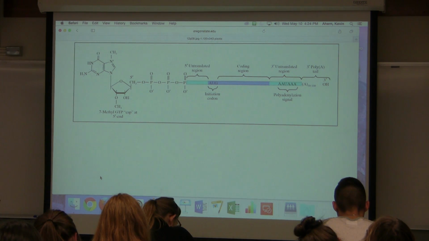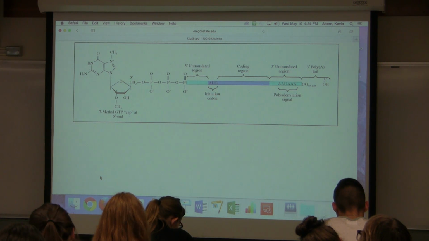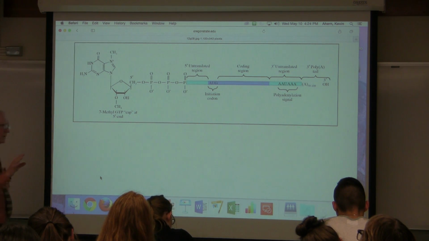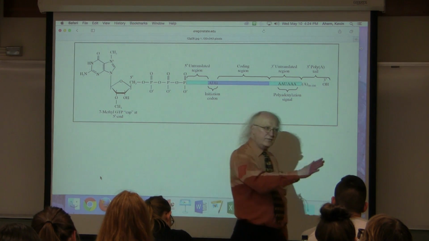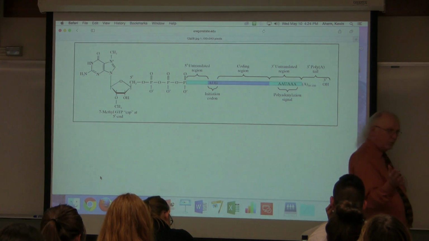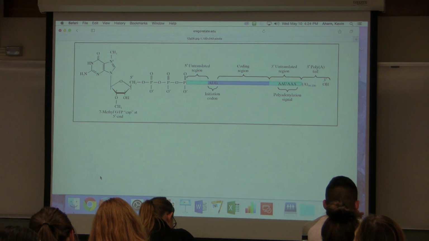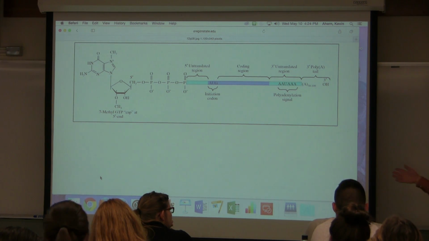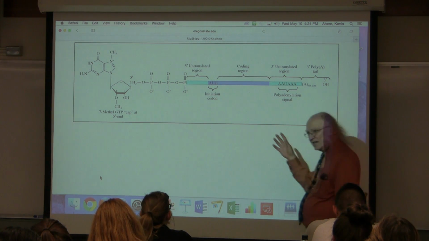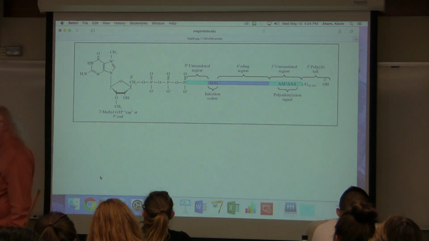There appears to be some structural information about where the start codon is, and I'll talk about that in just a bit. But there's no Shine-Dalgarno sequence. So the 18S, which is the rough equivalent of the 16S from the prokaryotic cells, doesn't have a sequence complementary to the messenger RNAs that are found in eukaryotic cells. So there has to be a different strategy for finding where that first AUG is.